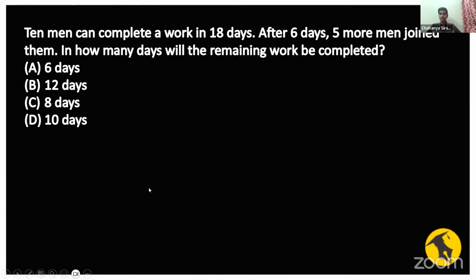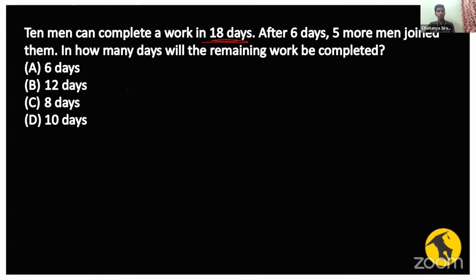Now this is related to the relationship which I gave you. The relationship was M1 D1 H1 equals M2 D2 H2. No, this is not related to that. It is a simple question. 10 men can complete a work in 18 days.